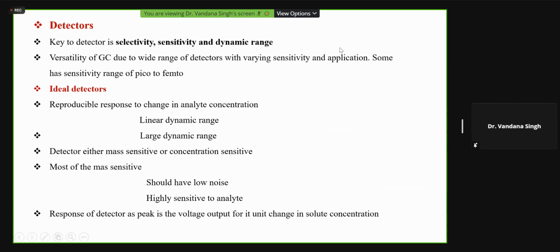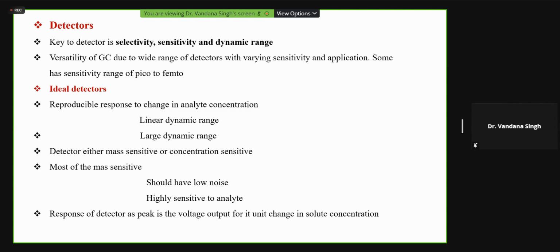So now, what detectors are used in the GC system? The detectors that are used should have certain properties: better selectivity, better sensitivity, and better dynamic range.